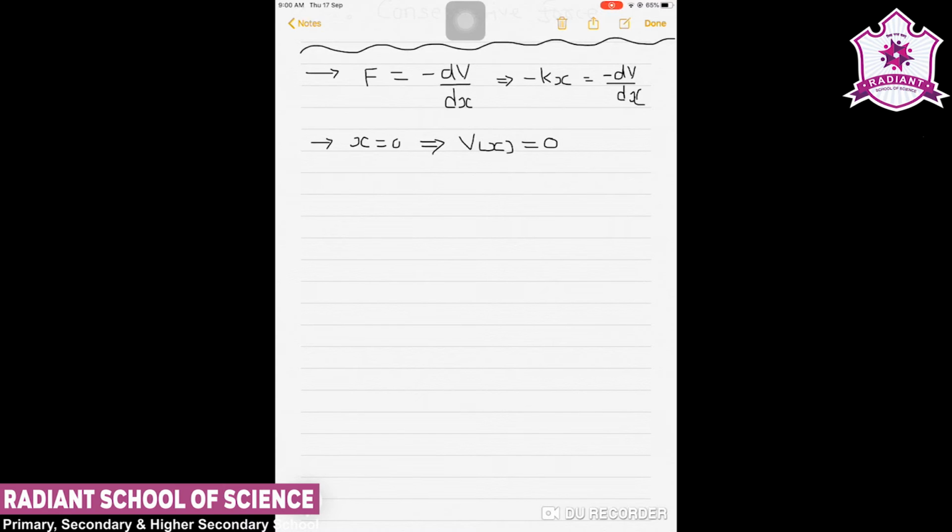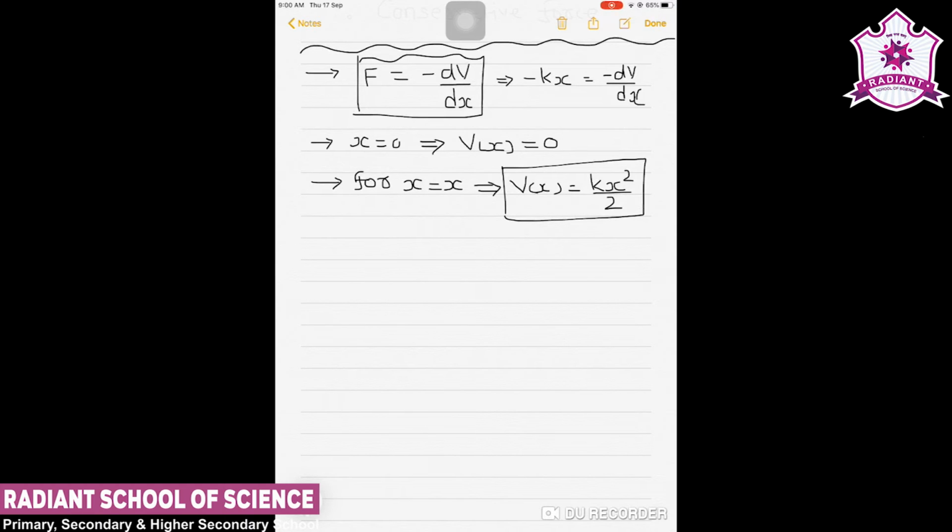So for x equals x, we can say that V(x) will be equal to kx² by 2. Now how is this value possible? So obviously we will follow the above equation.